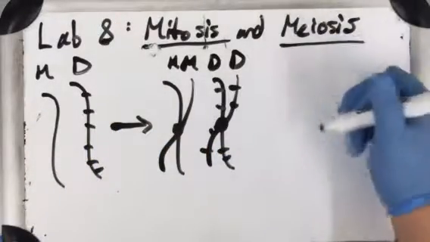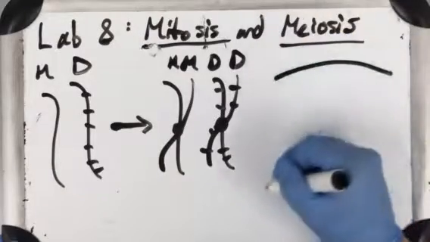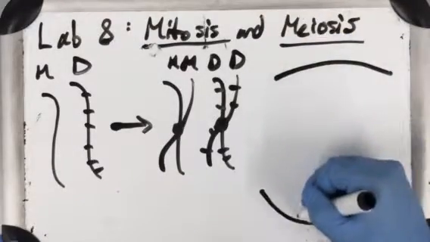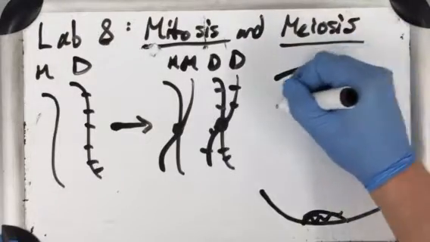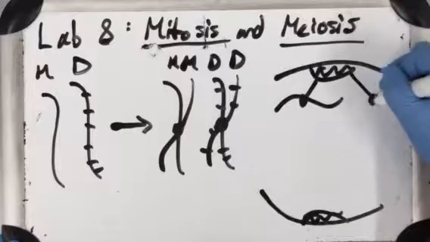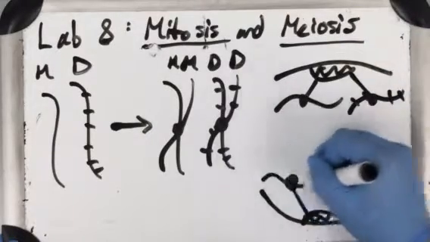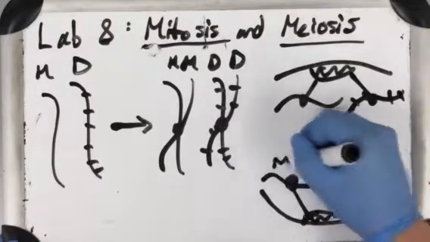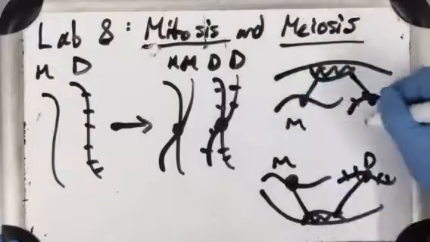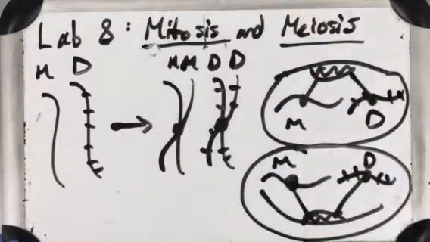Then these are pulled 2 different ways by the dividing cell. And ultimately you're going to have 1 maternal, 1 paternal, 1 maternal, and again 1 paternal. Dad, mom, dad, mom. But now you have 2 cells. So that's your basic overview.